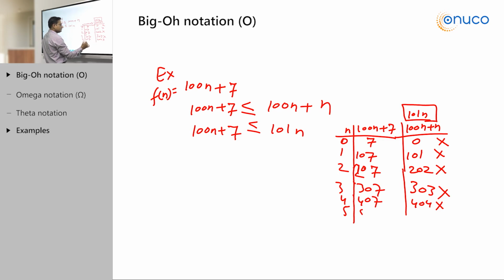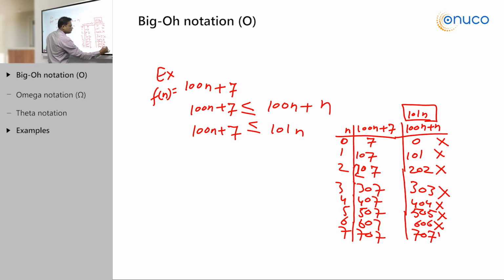Then 5, 507 and 505, not correct. 6, 607, here we have 606, not correct. If you have 7, it is 707, and this is also 707, hence it is true.